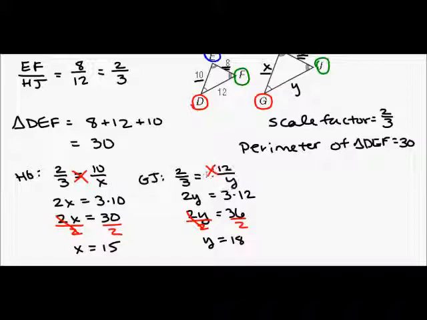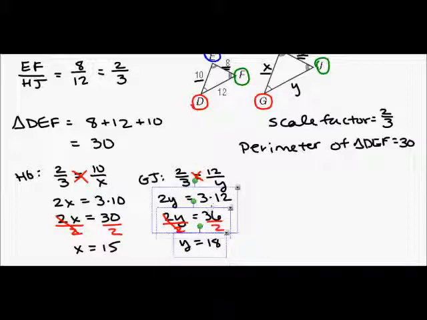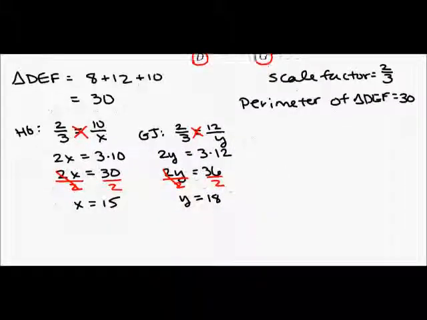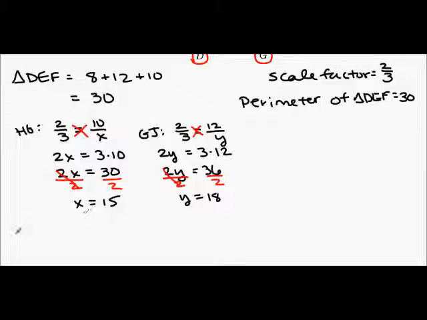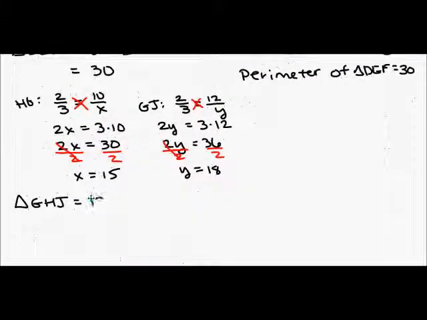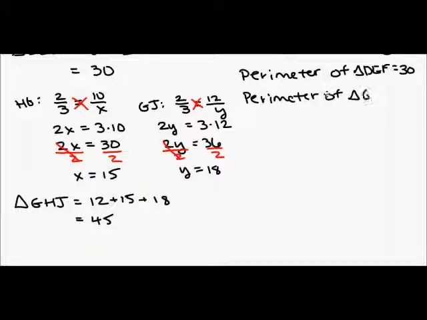Okay. So now that we have these side lengths, I can add up as I did before. So we have triangle GHJ is, what was our first side? 12 plus 15 plus 18, which gives us 45. Okay, so the perimeter of triangle GHJ is 45.